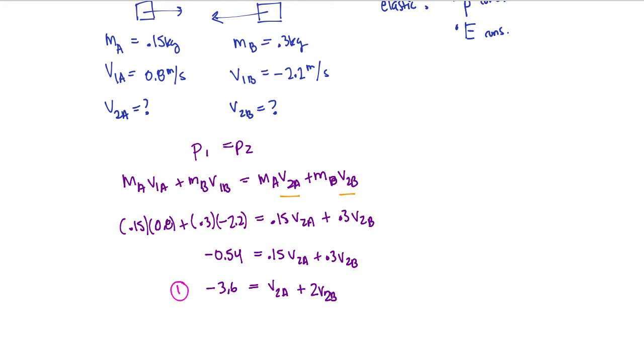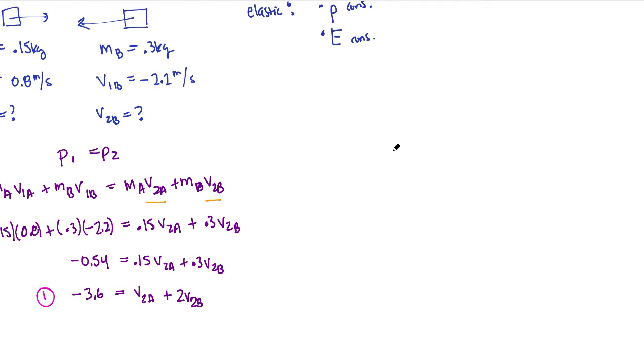Now, the next part comes from our conservation of energy. So my kinetic energy 1 plus UG1 plus UE1 plus work done by other forces equals K2 plus UG2 plus UE2. So we can already cross out elastic potential energies. There's no springs here. And we can also cross out gravitational potential energies because we stay at the same altitude the entire time. And then there's no work done by other forces that we can assume. So really I'm just conserving kinetic energy here.